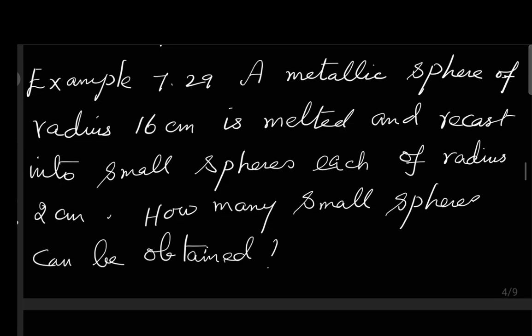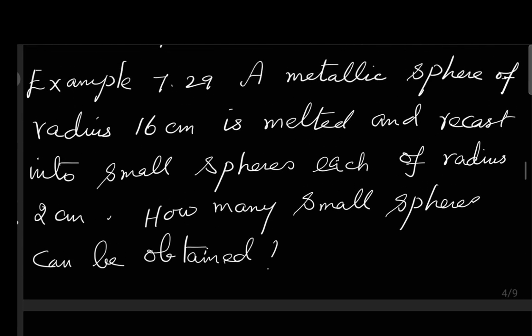See the next example, sum 729. A metallic sphere of radius 16 cm is melted and recast into small spheres, each of radius 2 cm. How many small spheres can be obtained? See, a metallic sphere is melted and recast into small spheres.